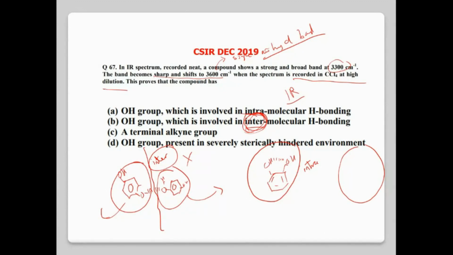It is within this molecule, so even if you dilute, it will remain. But intermolecular hydrogen bonding is between two molecules. If I separate them, I can lose the hydrogen bonding. So intermolecular hydrogen bonding on dilution will be lost. So you will have a shift from the low value 3300 to 3600. Is this clear?